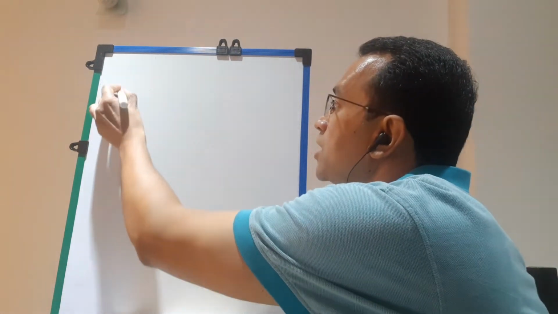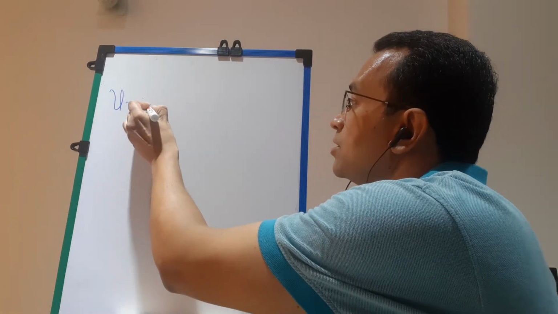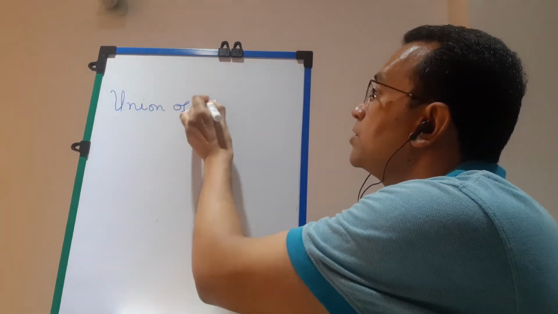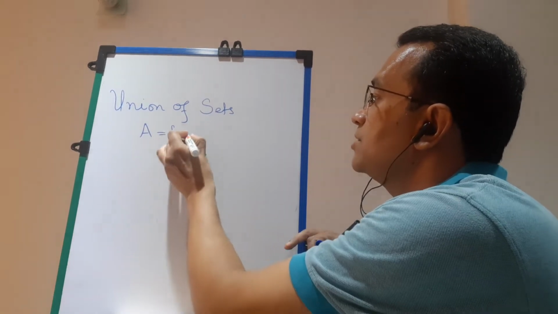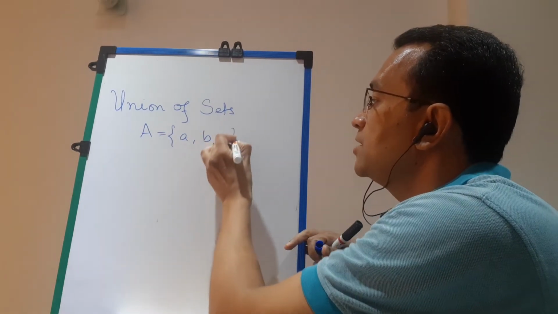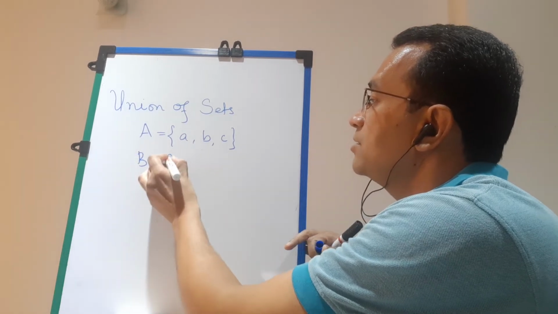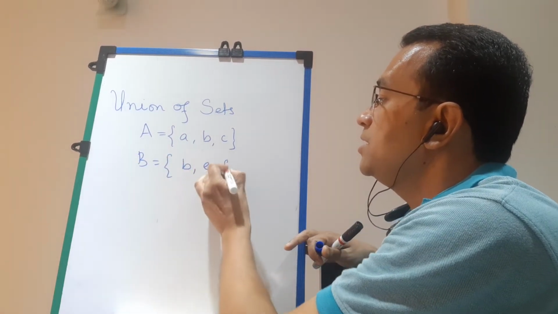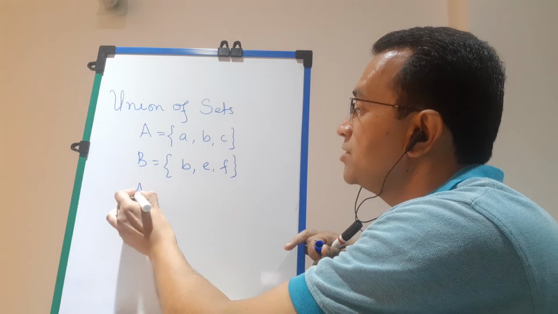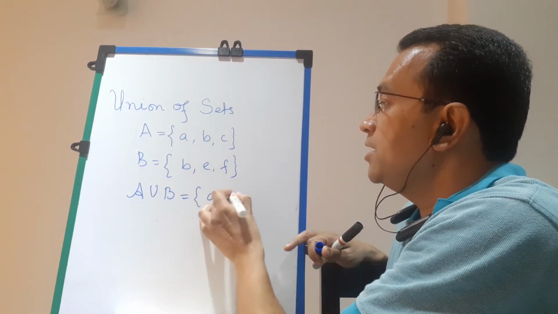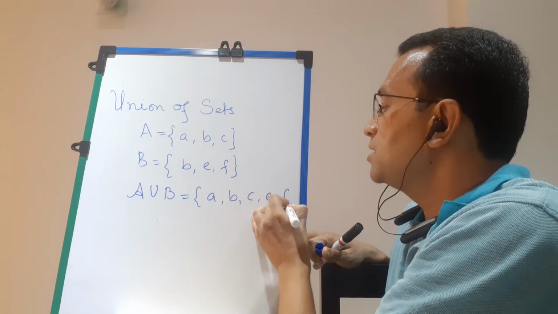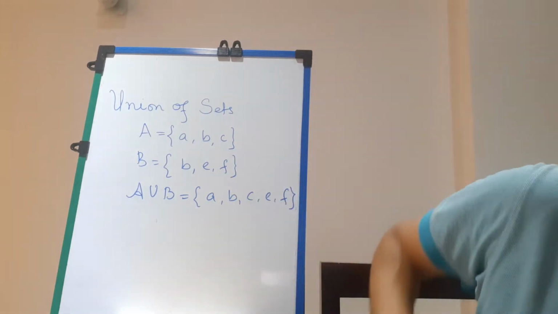Students, how do you take union of sets? Say I have set A is equal to {a, b, c}, and say set B is {b, e, f}. Then students, A union B, U stands for union, is {a, b, c, e, f}.